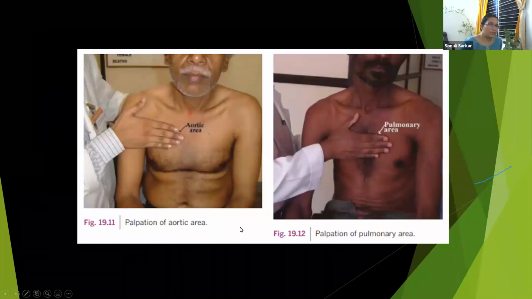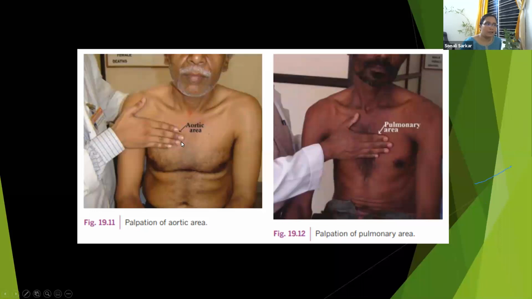Now, how do you palpate the aortic and the pulmonary area? The aortic area is the right second intercostal space. You will have to ask the patient to sit up, mildly leaning forward, with the breath held in expiration. Same for the pulmonary area, the left second intercostal space, with the tips of your fingers. The patient is sitting and leaning forward with the breath held in expiration.